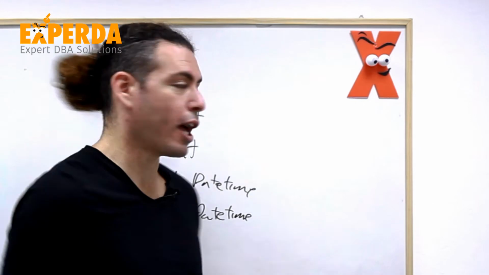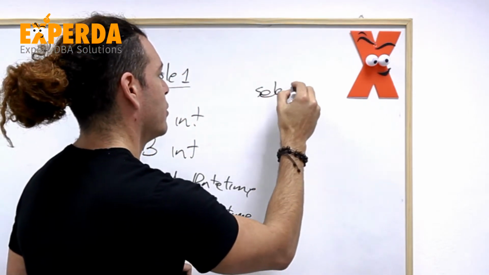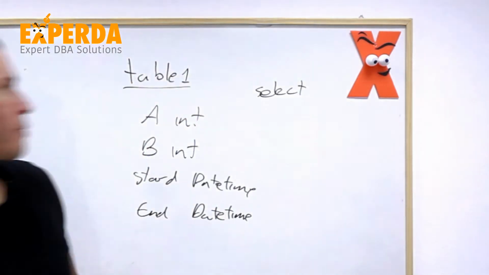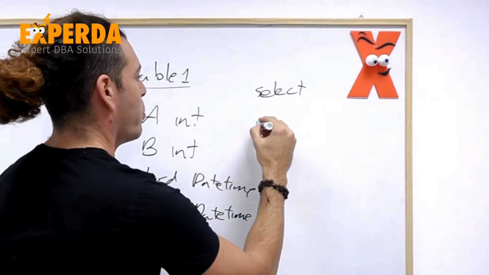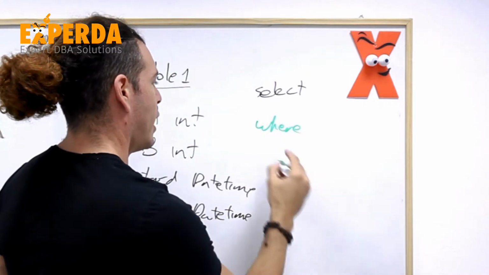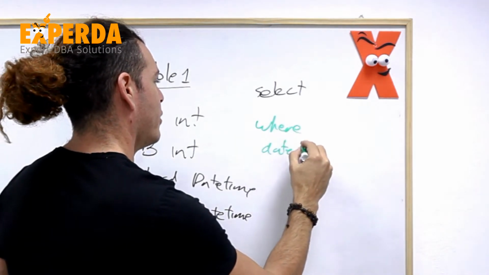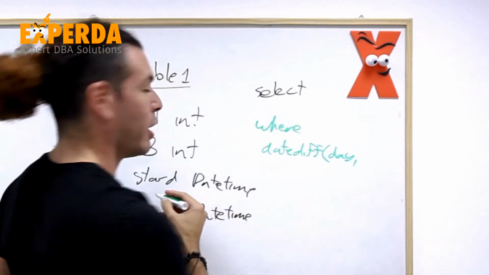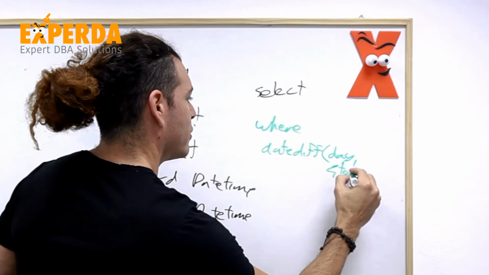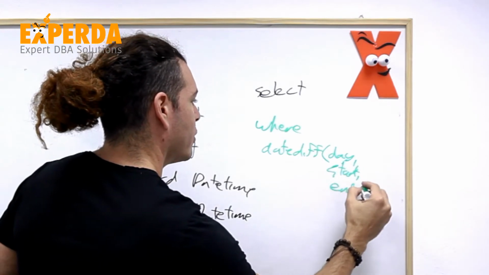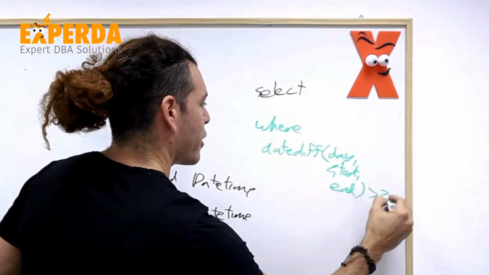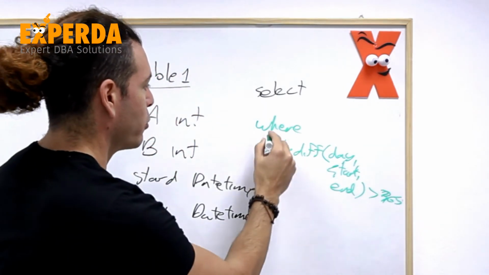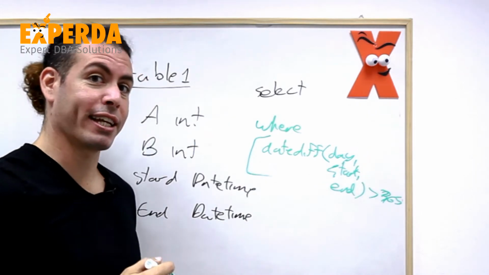And we would like to have a select with a where clause, having DATEDIFF of day, start and end, greater than 365 days, for example. And we want to take this thing and create a calculated column out of it.